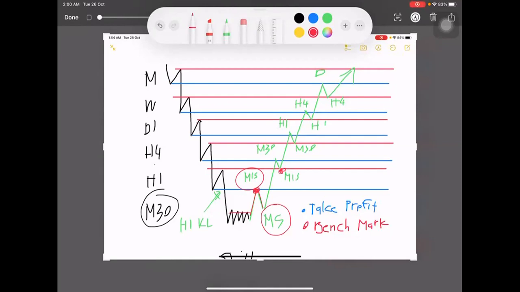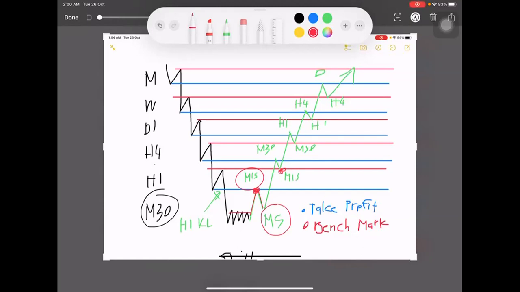On the M30 key level, we look for a setup on M5. Now, the stopper for the M30 level is H1. So when we get to the H1 level, we see that the level has been broken. So price continues up to the H4 level.